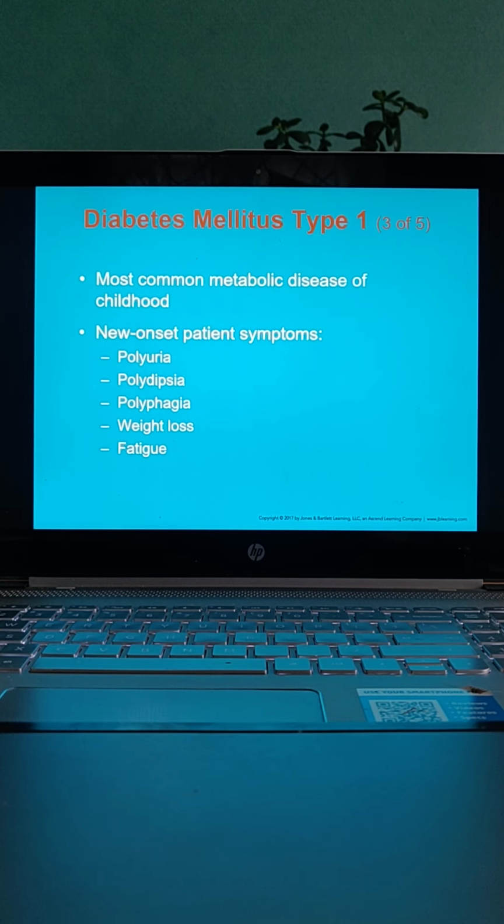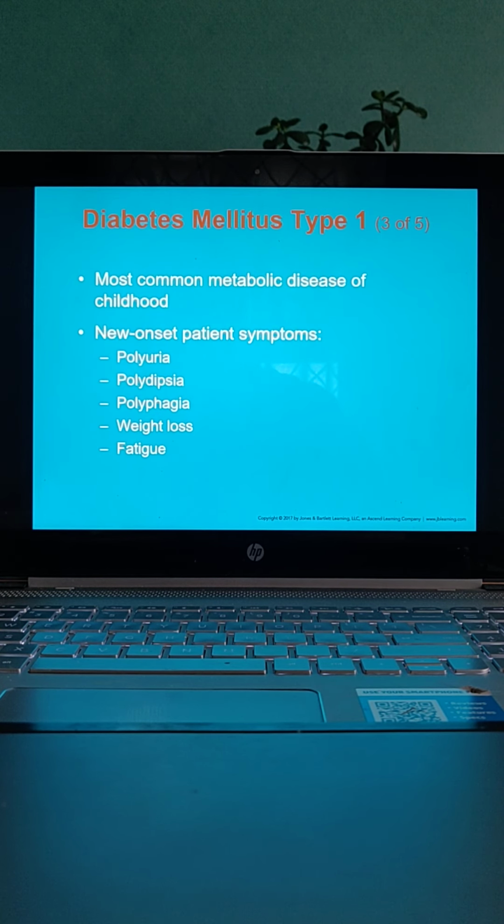Polyuria, okay, is a lot of peeing. You urinate a lot. Okay? Polydipsia is excessive thirst. You're always thirsty. Polyphagia is excessive eating. Okay? Weight loss and fatigue. Okay?